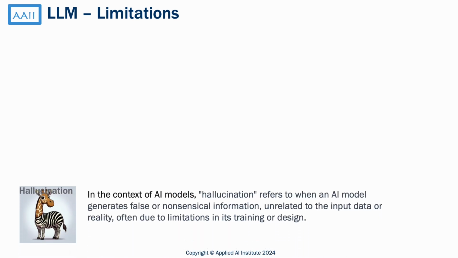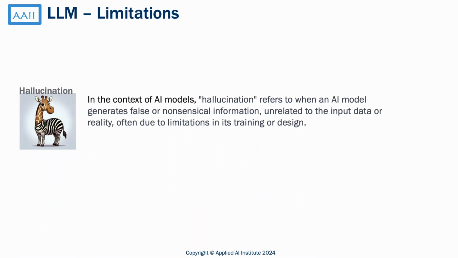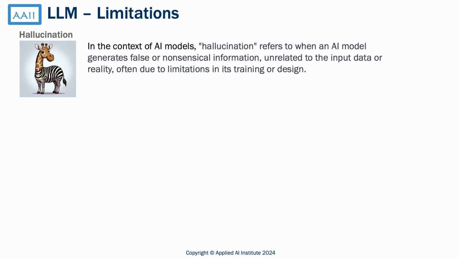First, hallucination. In the context of AI models, hallucination refers to when an AI model generates false or nonsensical information unrelated to the input data or reality, often due to limitations in its training or design. Second, organization specific terms.